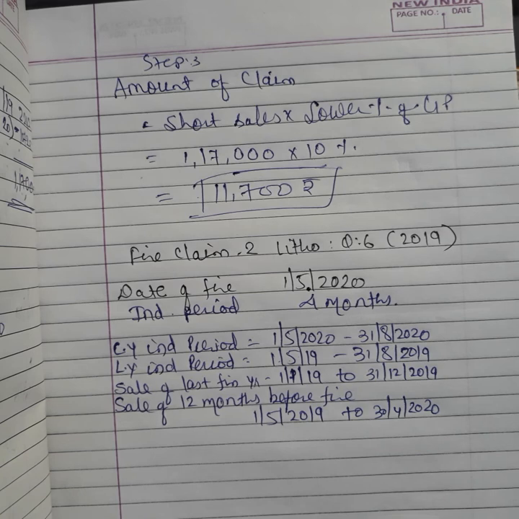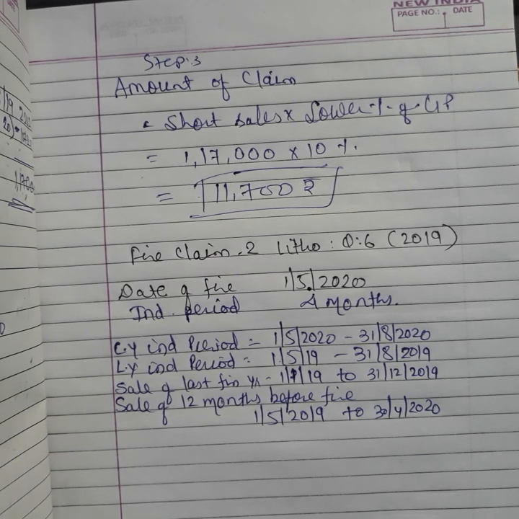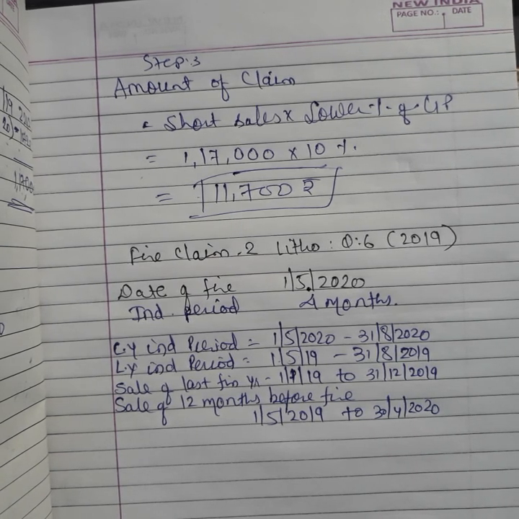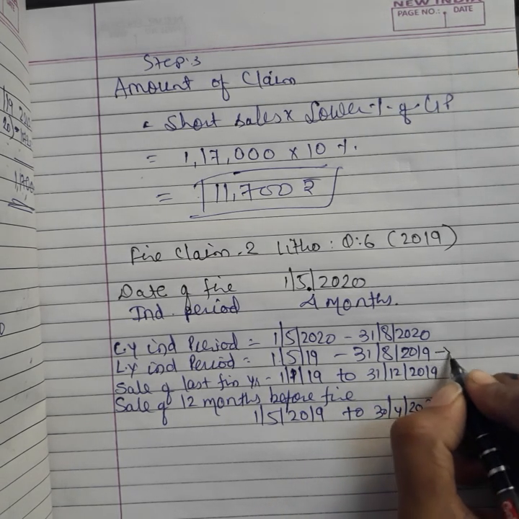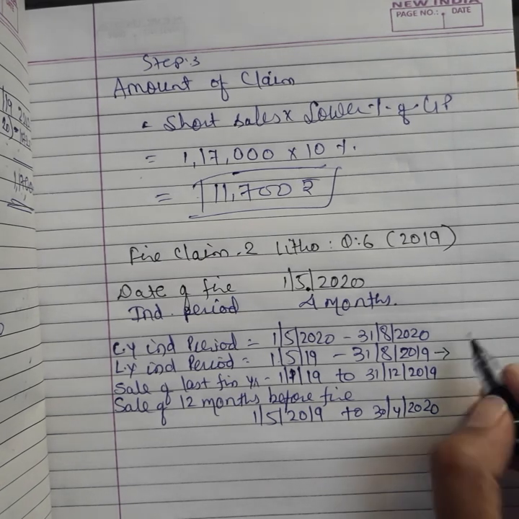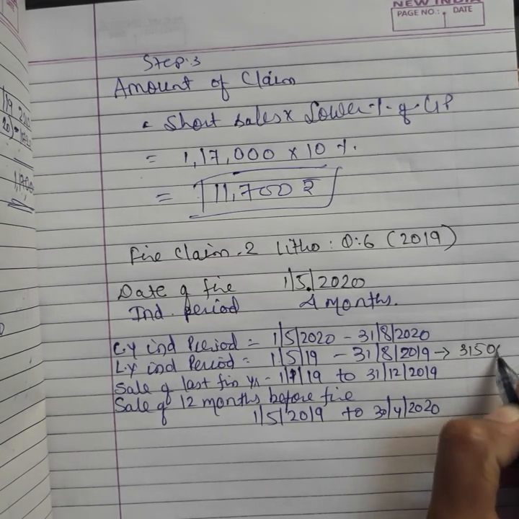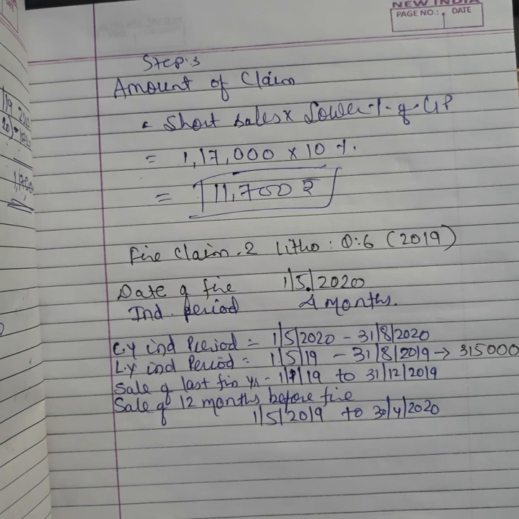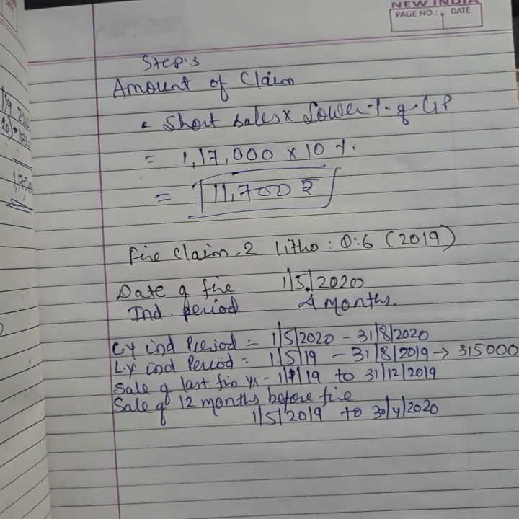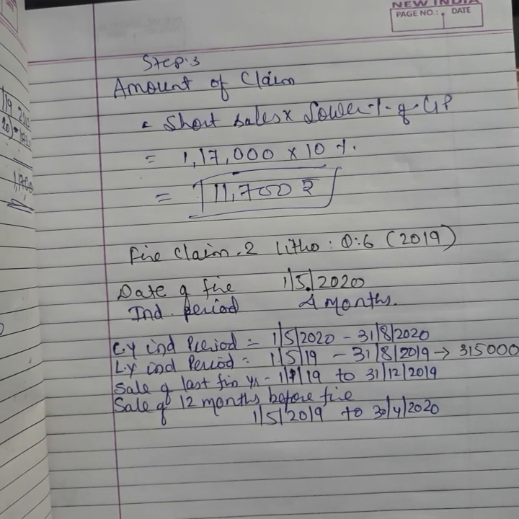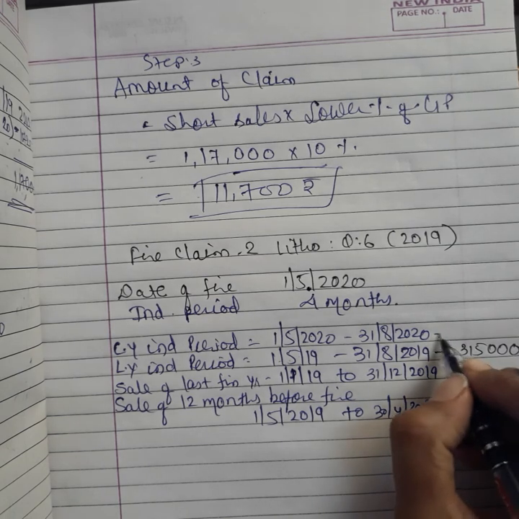So now many items are given and many to be found out. 1/5/19 to 31st/8/19 indemnity sales of last year is given 3,15,000. Right? Next 1/5/20 to 31/8/20 that sales is also given.